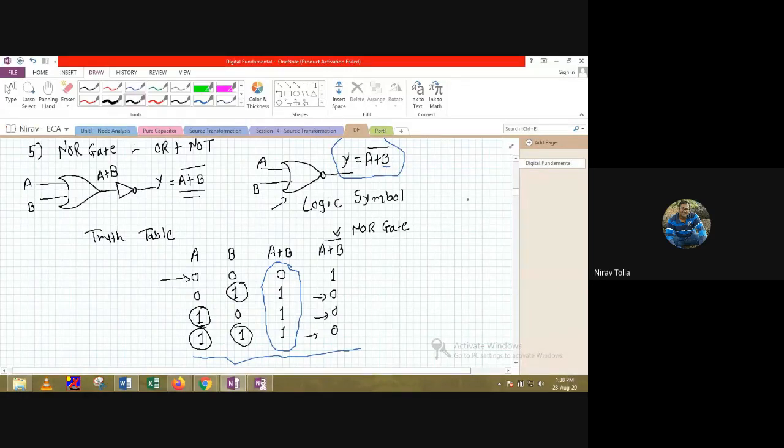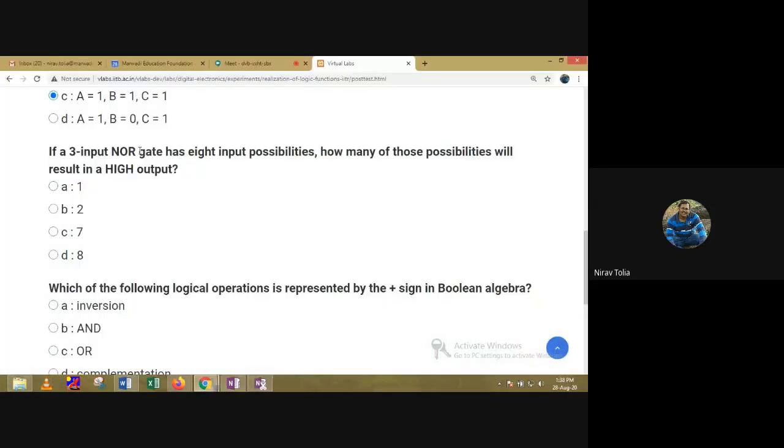There is only one possibility when it is high: when all the inputs are 0, then and only then it will be 1, high. So the question is, how many of those possibilities will result in a high output? Only one. If all the inputs are low, then it will be high. So the answer is A.